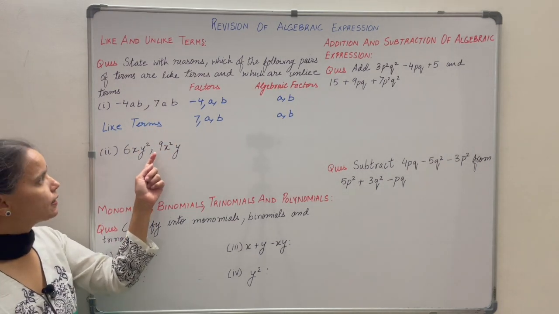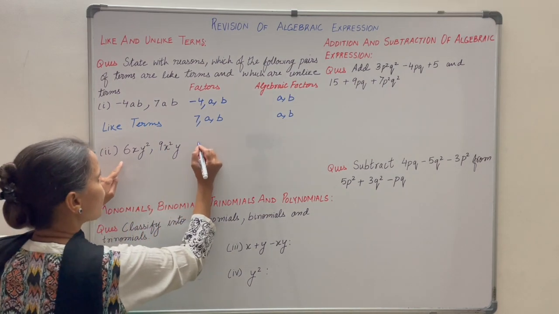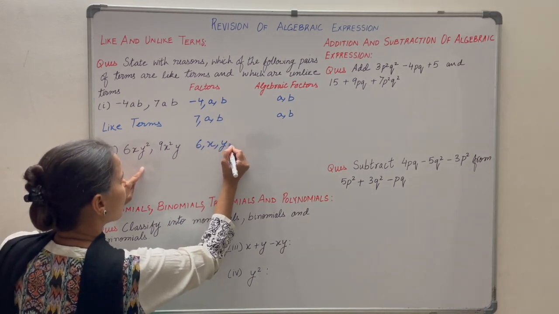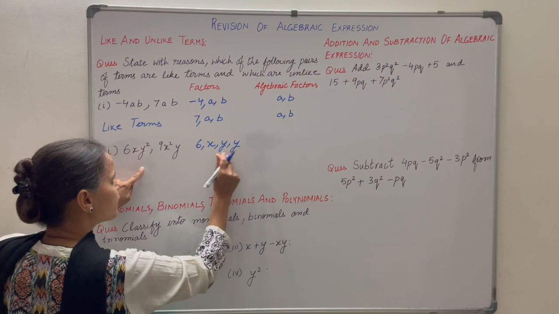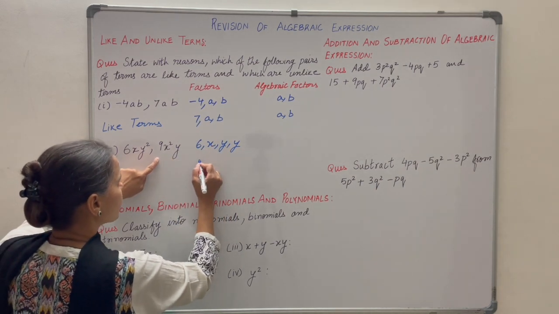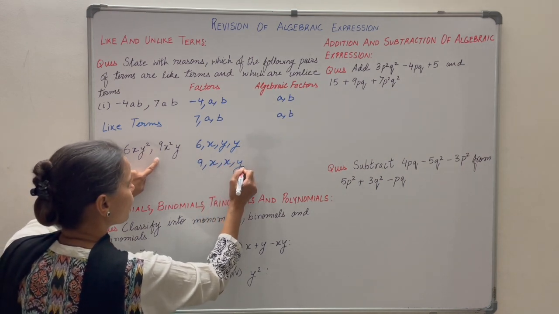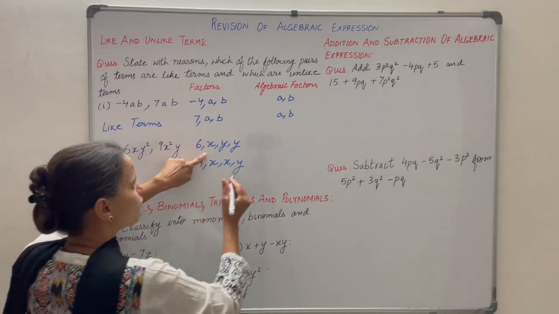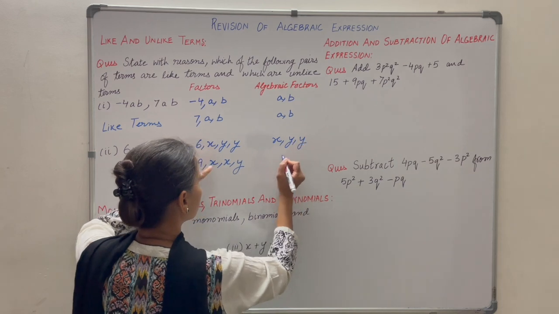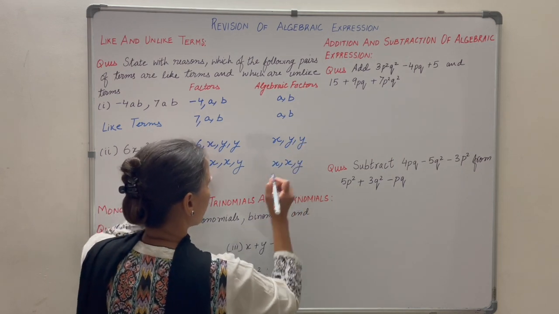Next, 6xy square and 9x square y. So what are the factors for 6xy square? Factors are 6, x, y and y. So when you multiply it, you get 6xy square. For 9x square y, factors are 9, x, x and y. So the algebraic factors for this one are x, y and y. For this one, the algebraic factors are x, x and y.